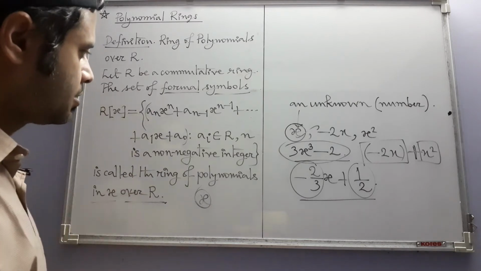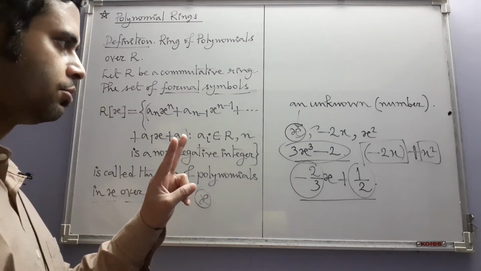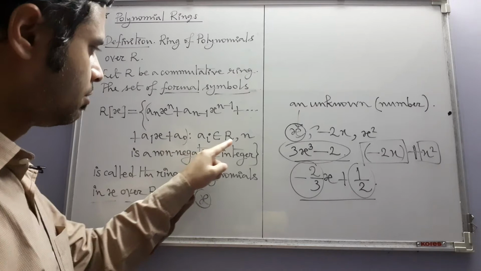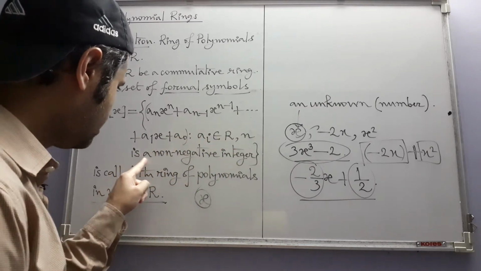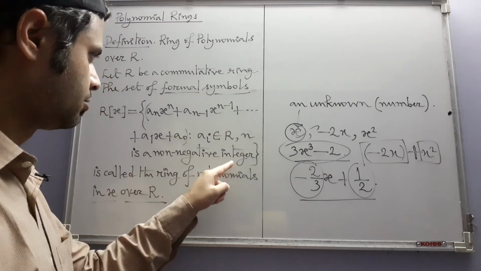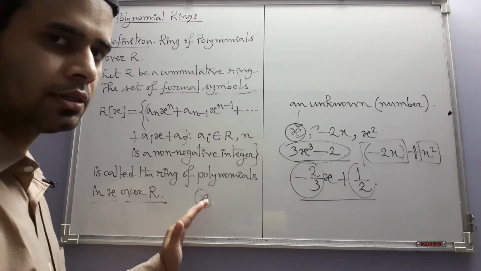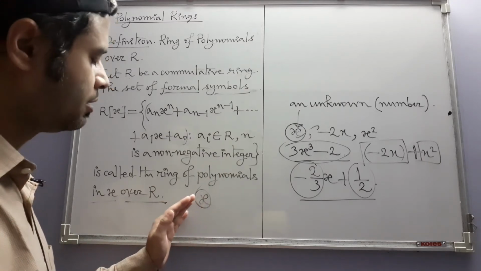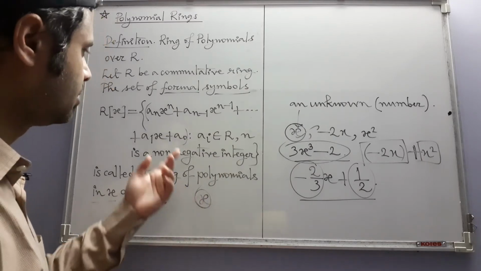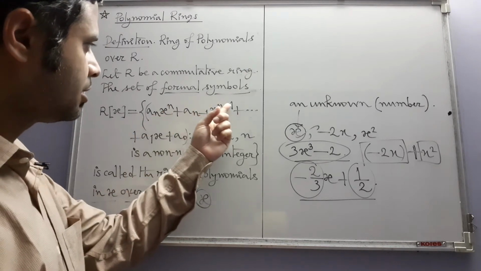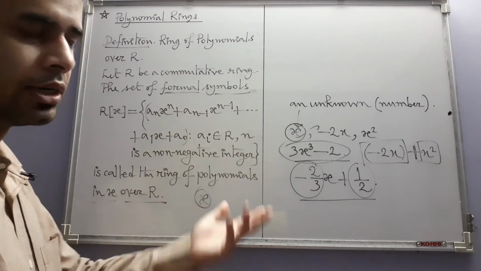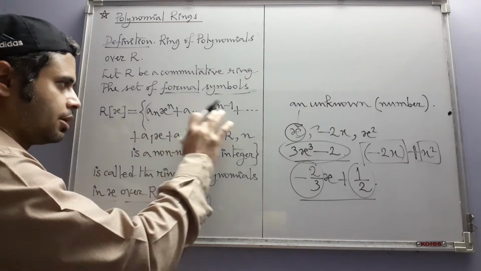Note that in this set you can change two kinds of things. One is this n, a non-negative integer. Although x does not have any meaning by itself, you can call the exponents of x exponents if you want, because that's how they look.